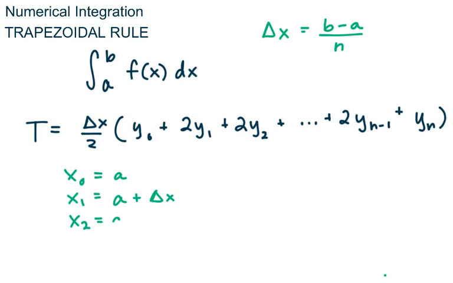X sub 2 would be a plus 2 of those delta x. X sub 3 would be a plus 3 of the subinterval length, delta x. Continuing along to x sub n, which would eventually take us to our b value, b being the right endpoint of my horizontal x interval.